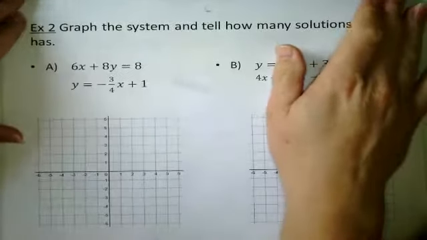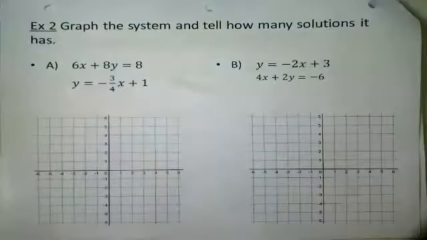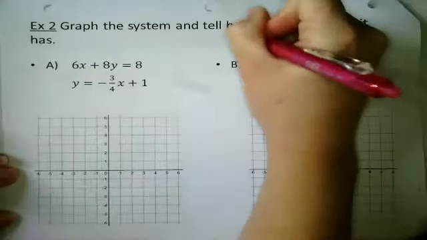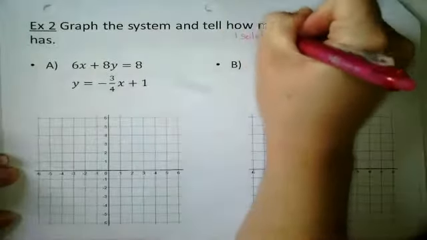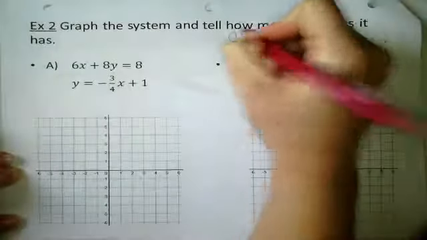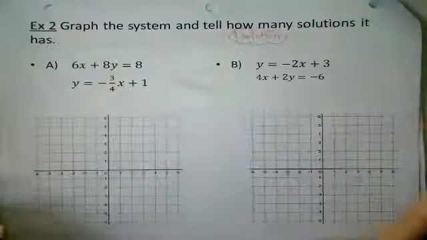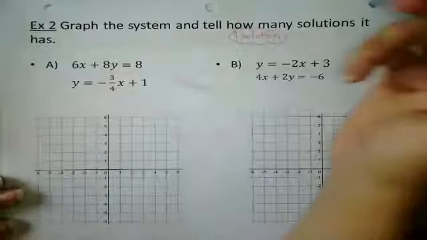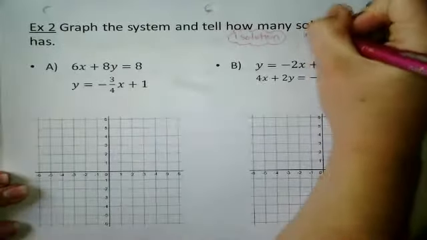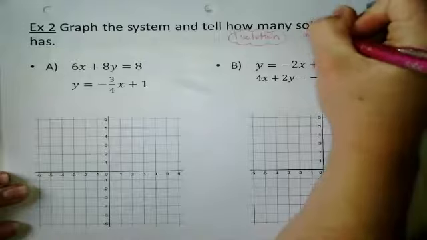All right, we're going to do a little more practice graphing. We also want to tell how many solutions it has. So sometimes there is one solution, and all the examples that we just had was one solution. And what that means is there's one point of intersection, one point in common. But there could be infinitely many solutions.